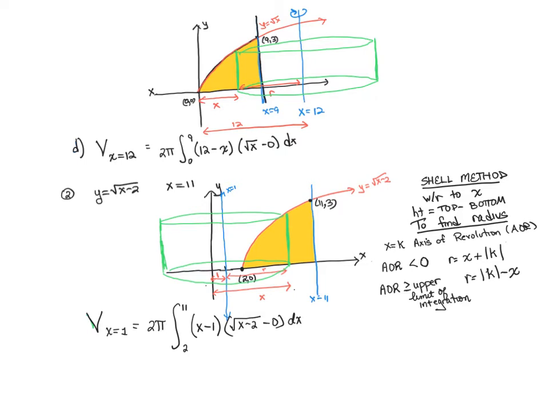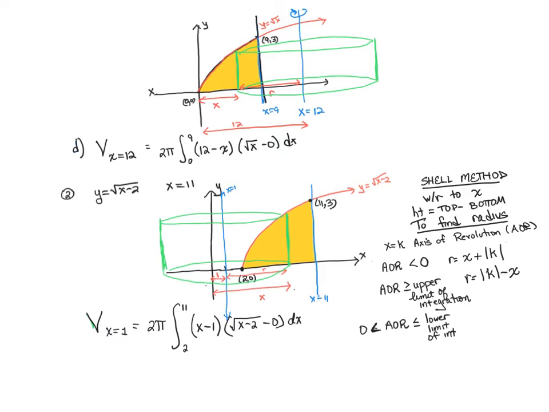But the tricky part is when the axis of revolution is between the lower limit of integration and 0. That was the second problem.